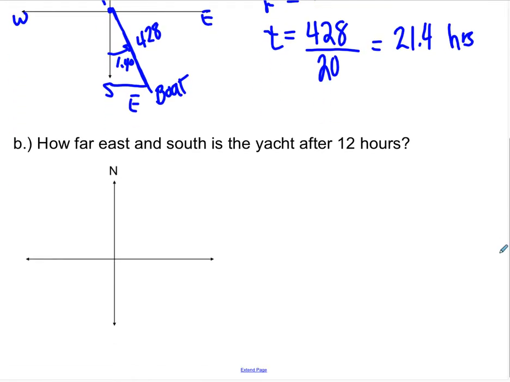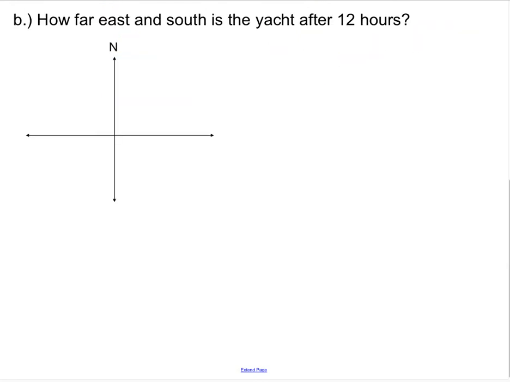All right, let's go on to part B. How far east and how far south is the yacht after 12 hours? So we need to find the distance that the boat is traveling. I'm going to create our directional bearing. Here's our south, our west, and our east. We're traveling at the same directional bearing from the south to the east of 1.4 degrees.